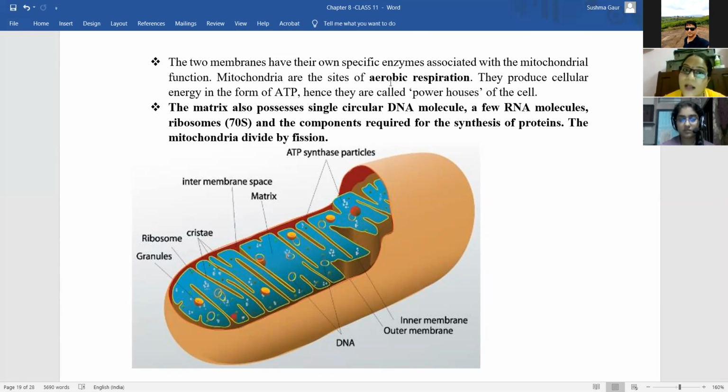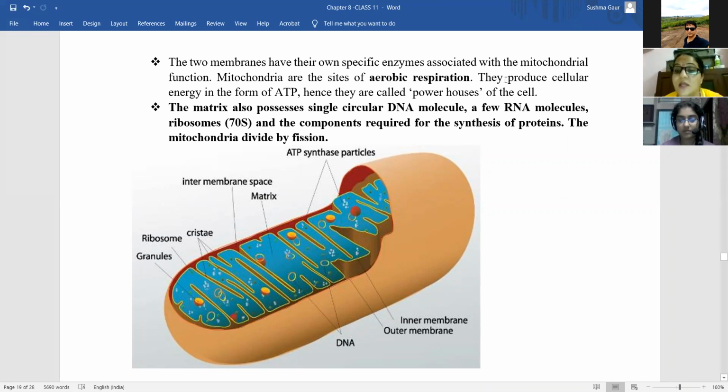Then you have to answer that both the membranes present in the mitochondria have their specific functions, or they consist of enzymes responsible for performing specific functions. And mitochondria is the site where respiration occurs in the presence of air, oxygen, aerobic.